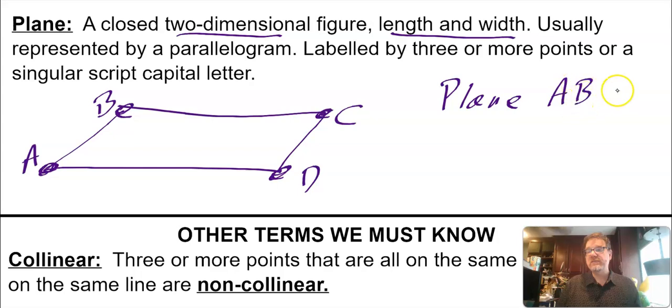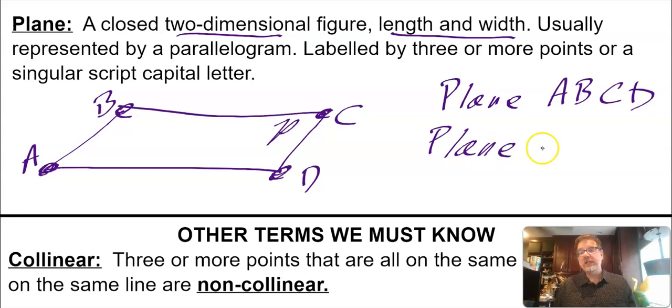I could say A, B, C, D, or at least 3. The more you use, the better. We could also label it with a capital script letter and call it plane P. That has to be a cursive letter.